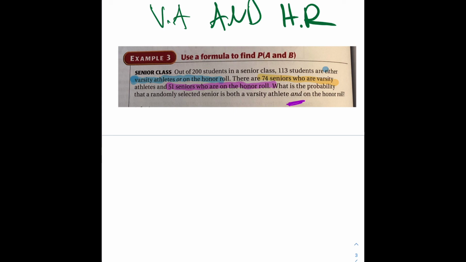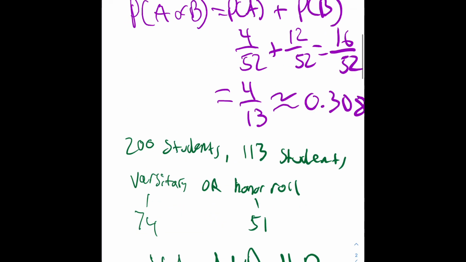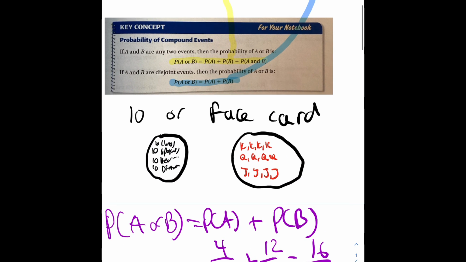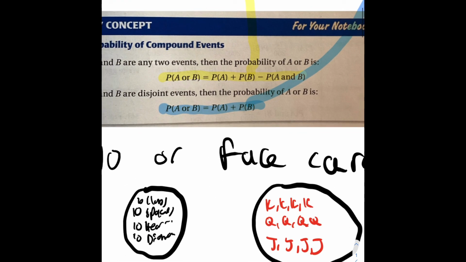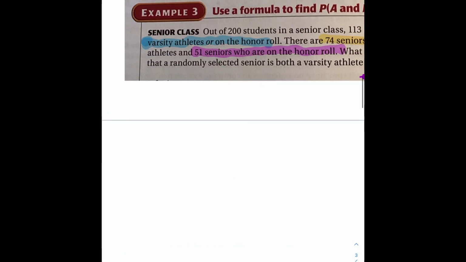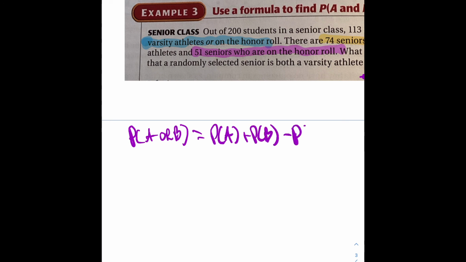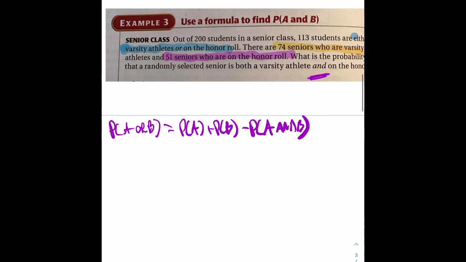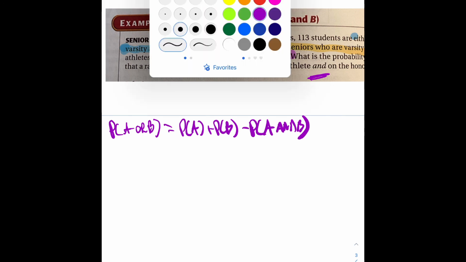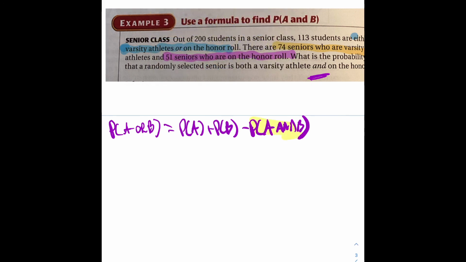So again, our general formula that we just talked about was this yellow one: the probability of A or B equals the probability of A plus the probability of B minus the probability of A and B. But remember, I want A and B. So my goal right here is to get this by itself.